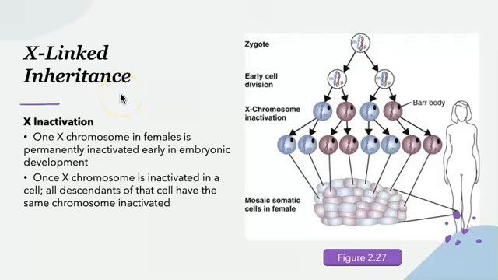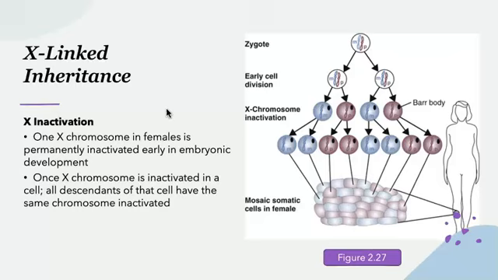So when we have someone, let's start with our females. When we have an X chromosome in females, one of them is going to become permanently inactivated early on in embryonic development. So it's about 7 to 14 days after fertilization. This starts to happen through embryonic development.